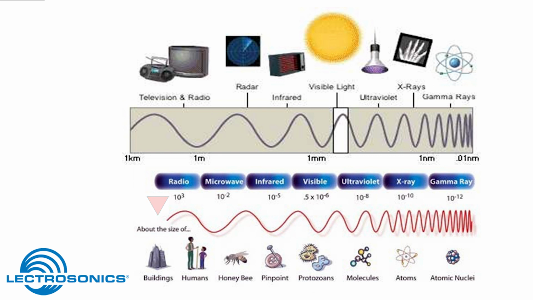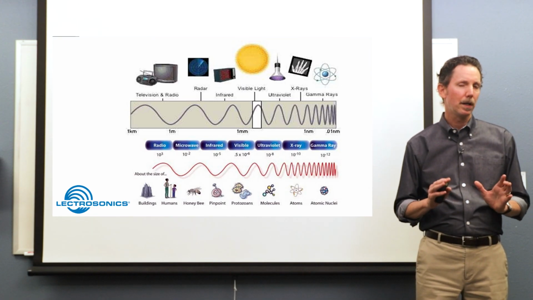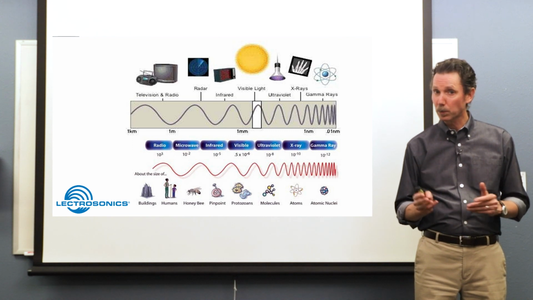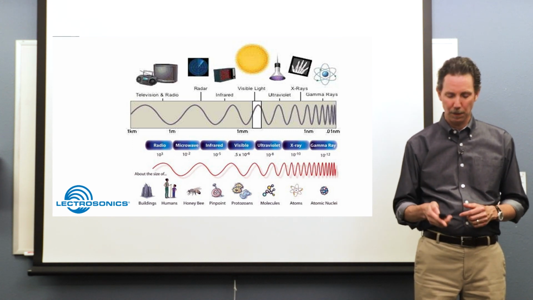Then you get up into the wavelengths that are like the size of people, and then smaller and smaller and so on. So I wanted you to understand that there's a physical relationship between the wave frequency and the wavelength. Notice that visible light is part of that same electromagnetic spectrum, as well as X-rays, gamma rays, and so on.